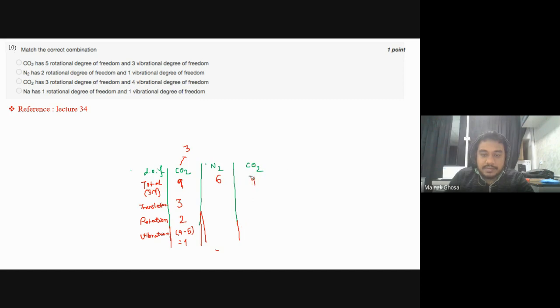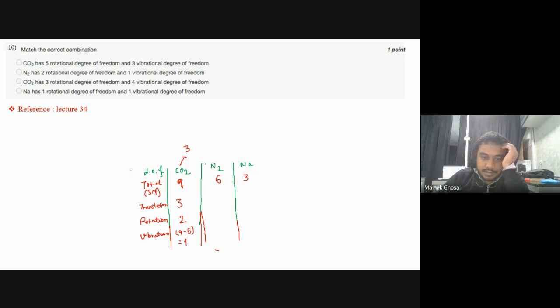Write sodium here. So total number of degrees of freedom is 3.